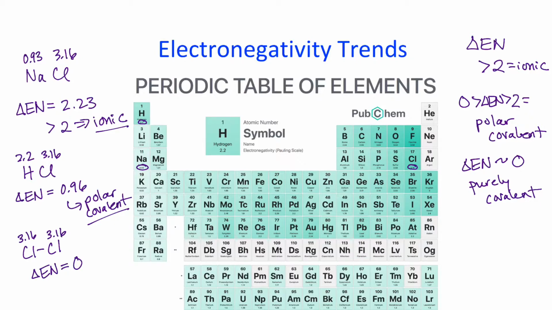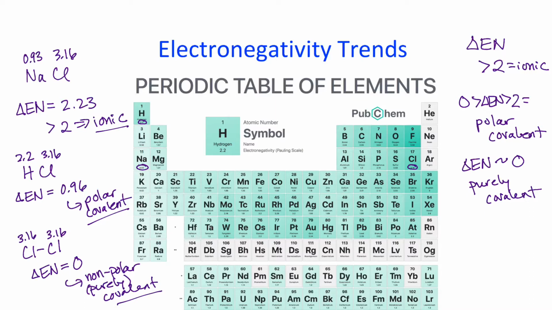Whenever you have the same atom in your bond, you know right away that's going to be a purely covalent, or what we call a non-polar covalent bond.